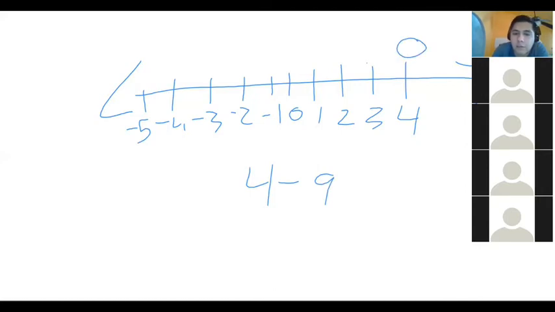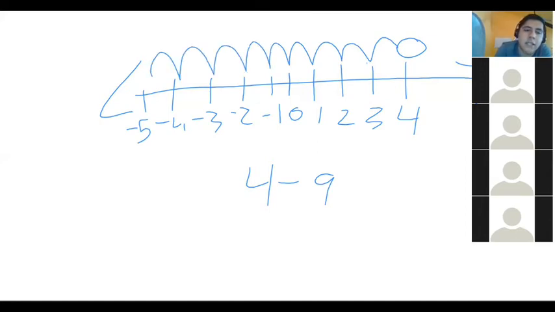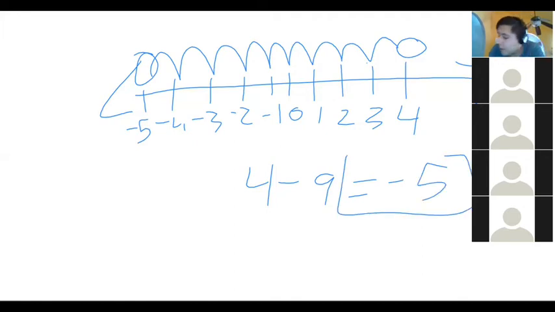If we start out at 4 and we're subtracting, which way would we be going? To the left. Exactly. So 1, 2, 3, 4, 5, 6, 7, 8, 9. And we end up at -5. Okay. So it really depends on how you look at it, but in terms of a number line, that's the way it works.